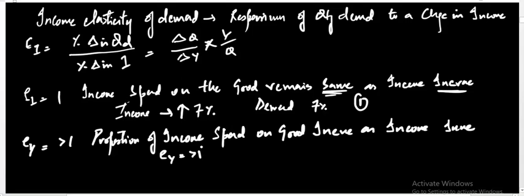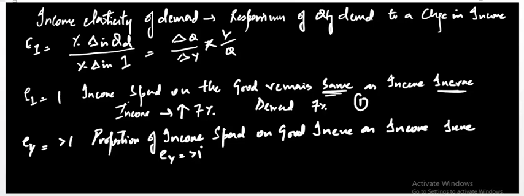Which means, suppose I was spending 10% of my income on a particular good, now I'm going to spend more, say for example 12% or 13%. In such a scenario, the elasticity is going to be greater than 1.